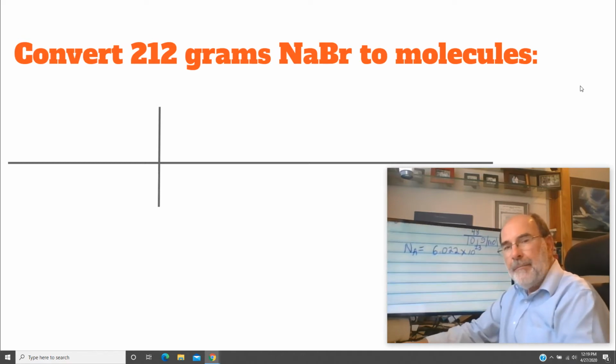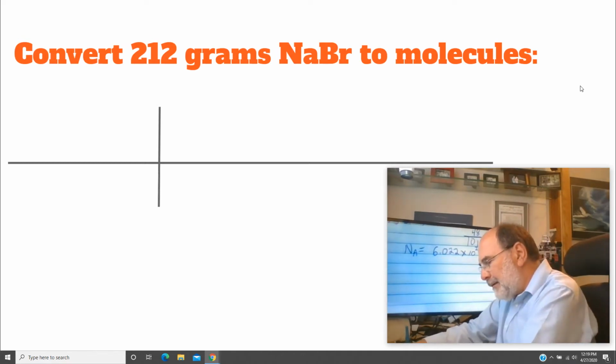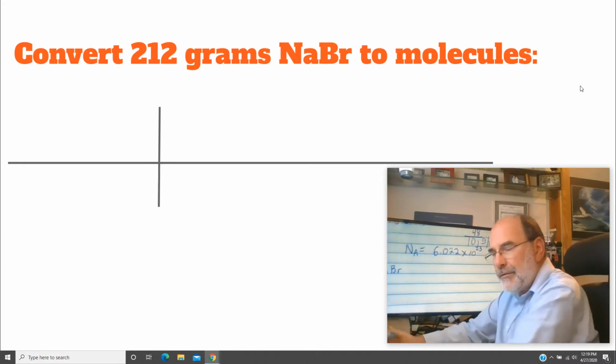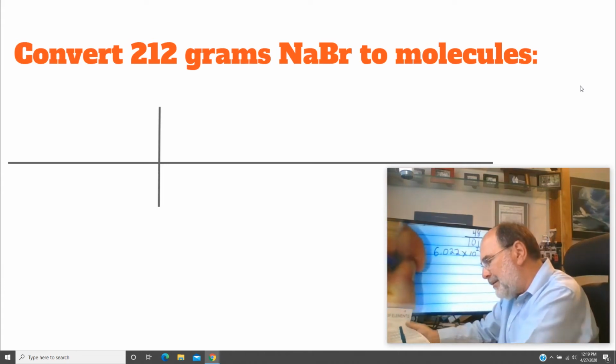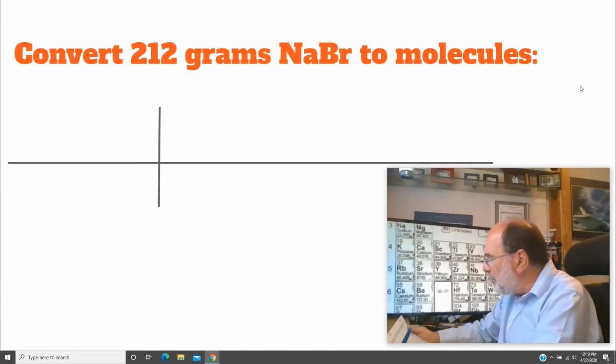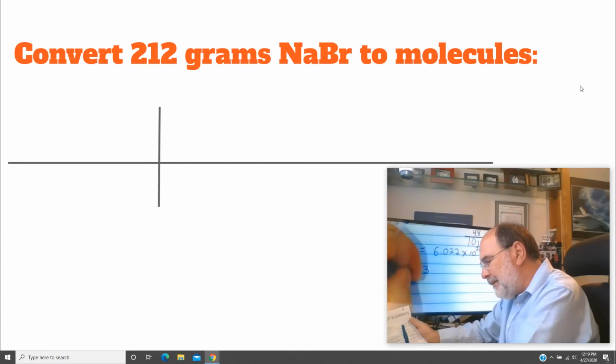So I pull up the periodic table and I ask myself, how many grams are there in 1 mole of sodium bromide? And the periodic table says sodium is about 23 grams and bromine is about 80 grams. And so I have about 103 grams per mole.